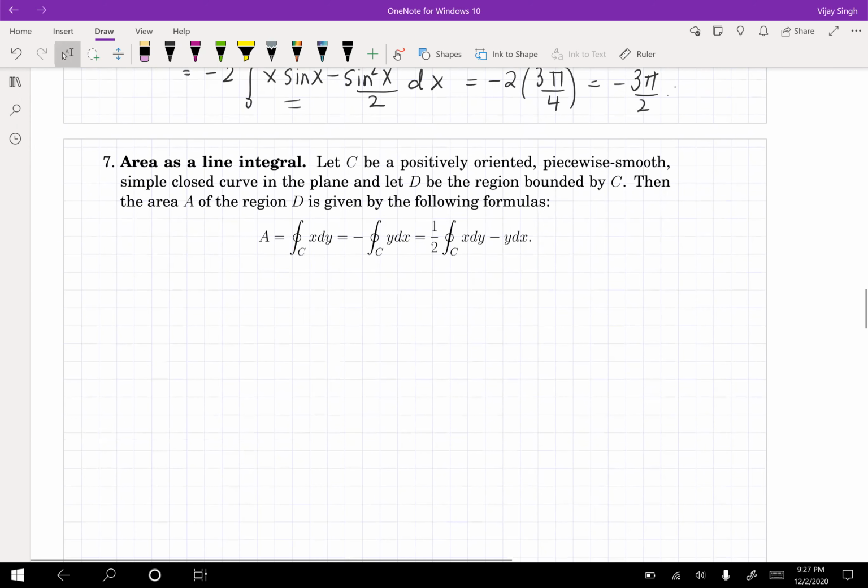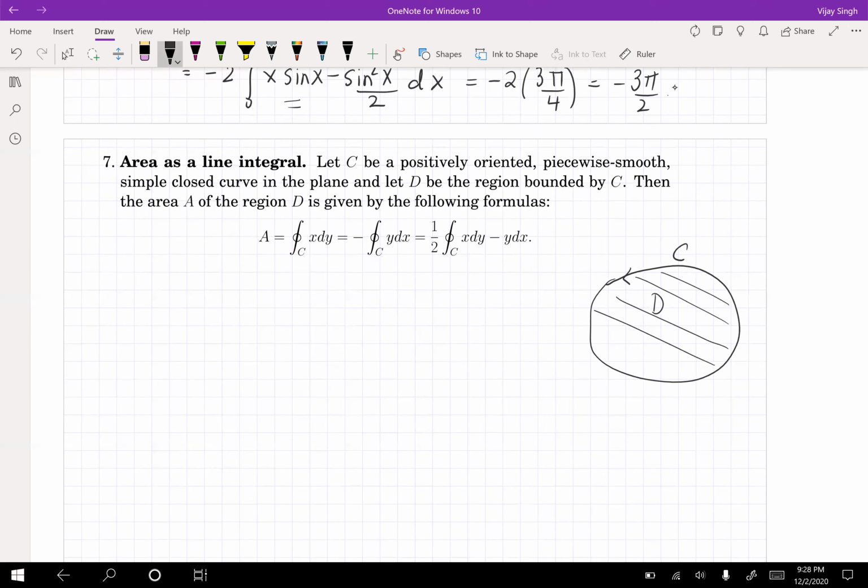So consider the following. You have a curve C, positively oriented, and the region inside is D. Now, over this curve C, suppose I integrate x dy.